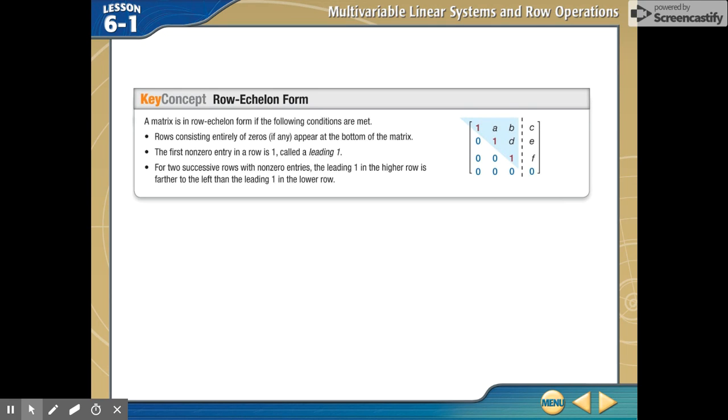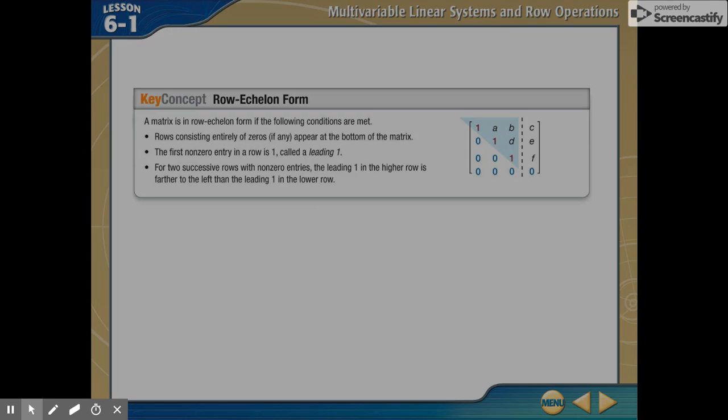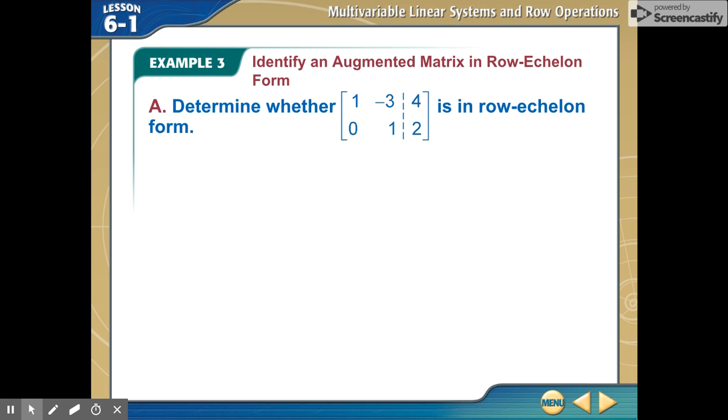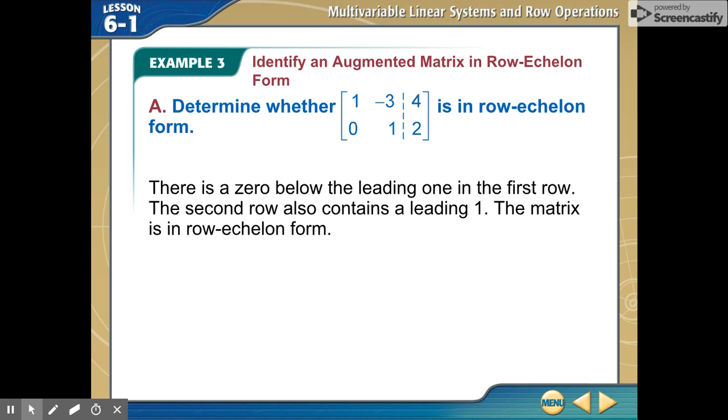These are general rules: anything that's just zeros goes to the bottom. We're going to have a 1 to start, and we're going to try to build this kind of triangular pyramid shape with our values. So when we look at this, we figure out whether this is in row echelon form. Again, we're looking at the values here and here. We have a 0 below that one, so this one has a leading 0, and the answer is yes, this is in row echelon form.